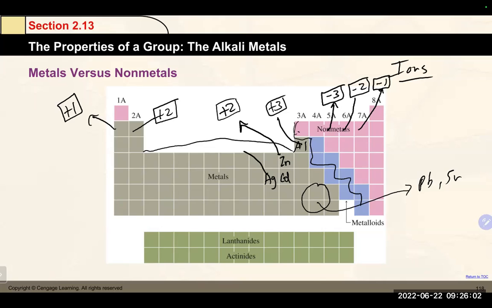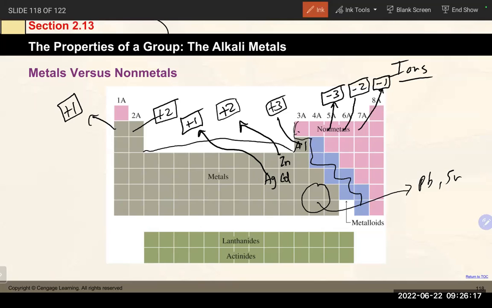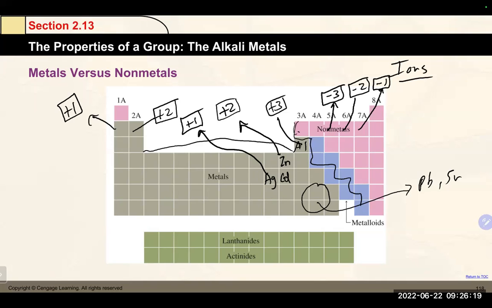And silver also has a fixed charge of +1, so silver will always be +1. Other than that, everybody else in the transition metal region and a little bit to the right of it has the ability to make multiple types of charges. So really everybody else in this region, and a little bit outside of that, can make variable charges. Any questions on that there?